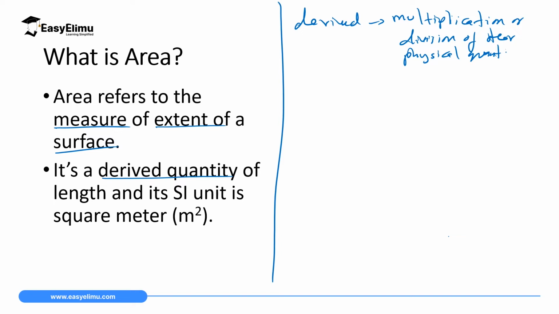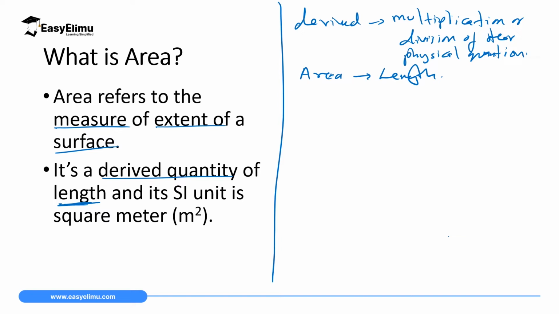Now, what are we going to do to these other physical quantities for us to get area? It's a derived quantity of length. So the physical quantity that we are going to use to obtain area is length. Area, we are going to get it from length. Now, are we going to divide length for us to get area, or are we going to multiply? Now, let's look at the SI unit.